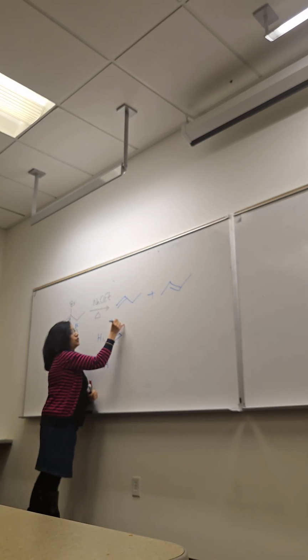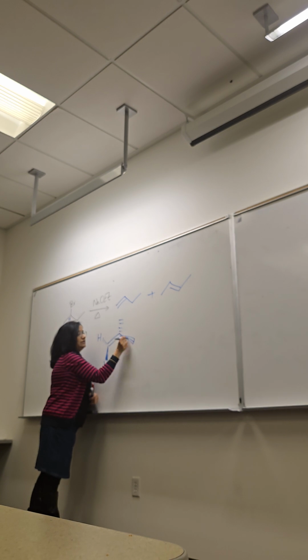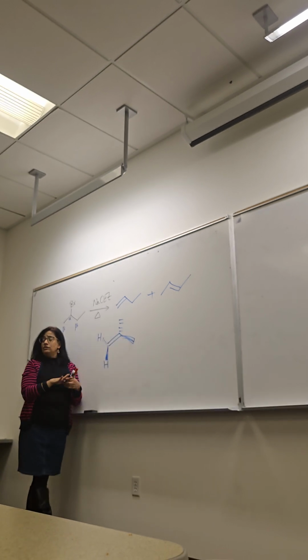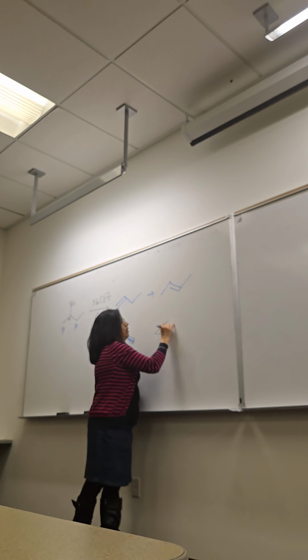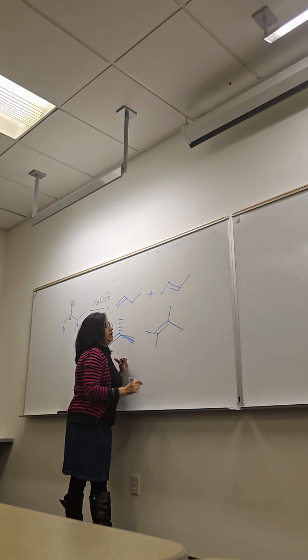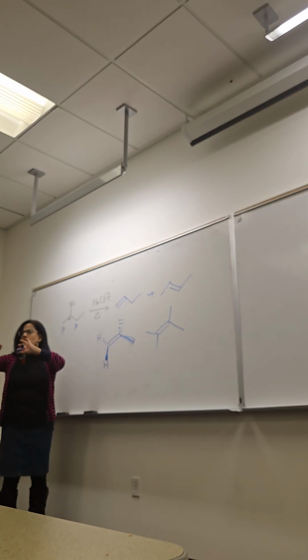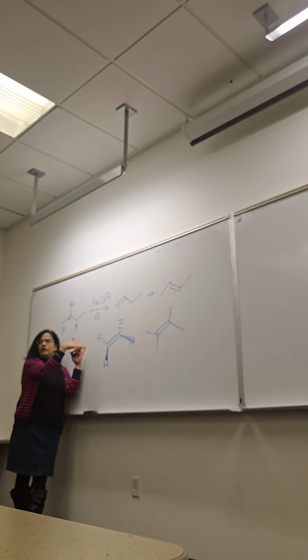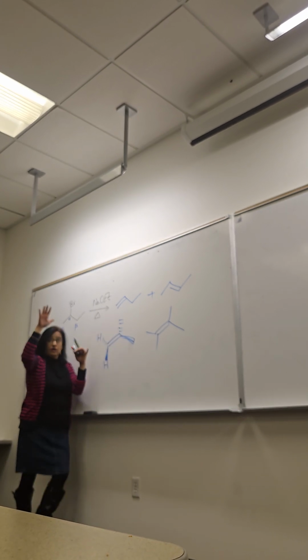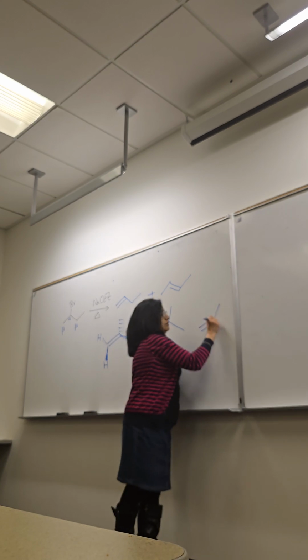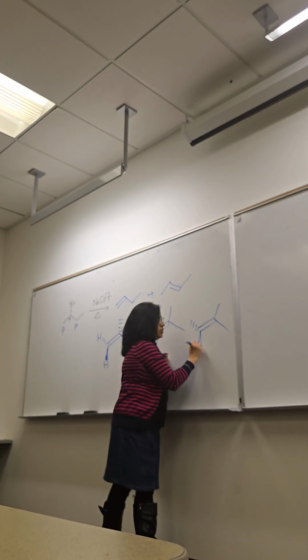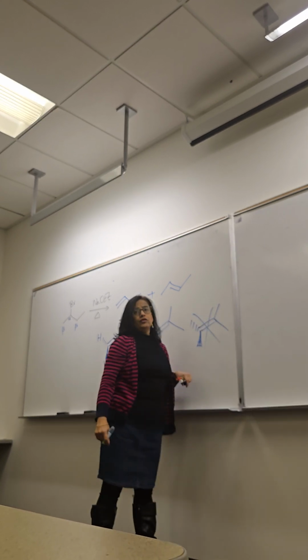You can either draw it like that, holding the double bond perpendicular to the board, or you have to have it this way. You cannot twist that double bond where 2 of them are perpendicular to the board while the other 2 are in the plane of the board. That's not possible. This is not possible for alkenes.